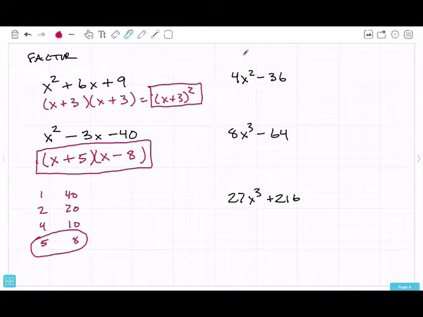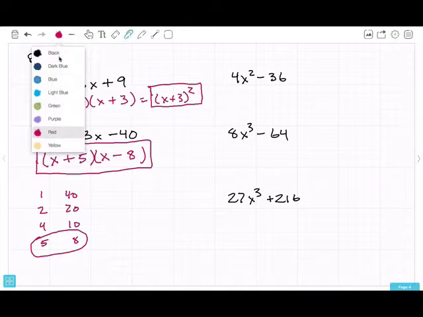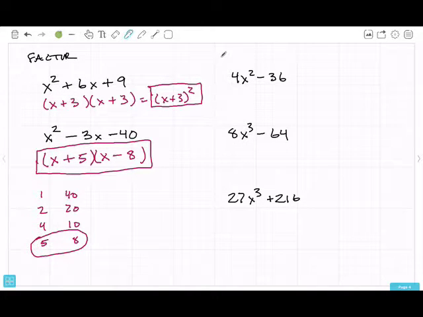So this is a difference of perfect squares, okay? Difference of perfect squares is when we have something squared minus something else squared, it factors into that, right? So what's being squared right here? 2x is being squared. 6 is being squared right there.